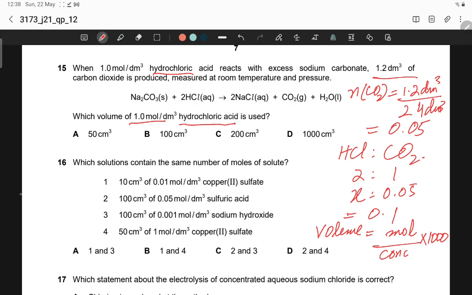So volume is equal to 0.1 divided by concentration, into 1000. 0.1 multiplied by 1000 is 100, and 100 divided by 1, this is 100 centimeter cube. So B option is correct.